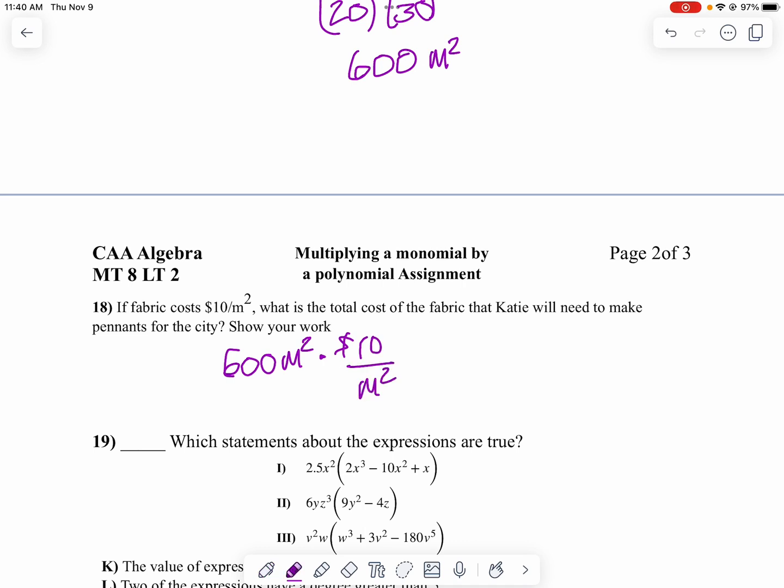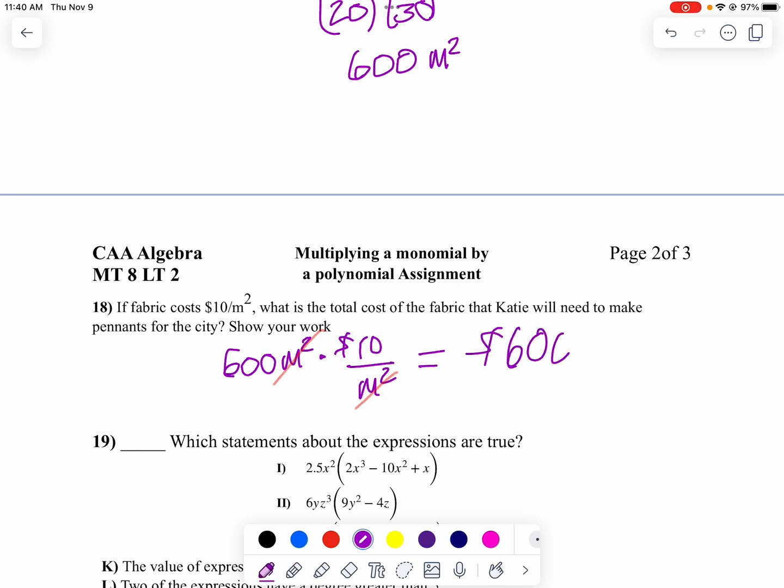Notice my meters go boom, boom. They reduce out. I just take 600 times 10. It'll be $6,000 to make those 30 pennants. Not cheap, is it? But they also have a lot of area, so that makes sense too.